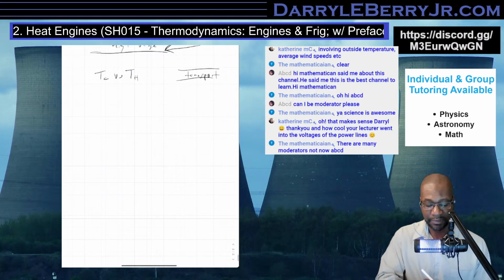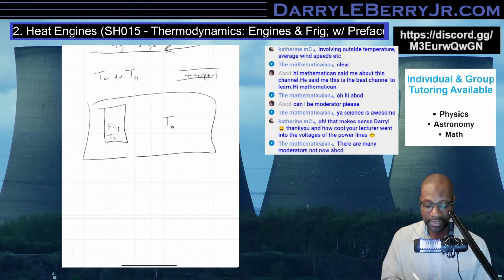So for instance, if we're looking at a refrigerator, this is our fridge. This is going to be our cold reservoir, because that's where we want to send the cold. And the hot reservoir is going to be the room, basically the room around us. What's going on is the engine is pulling energy from the refrigerator and dumping it into the room around us.